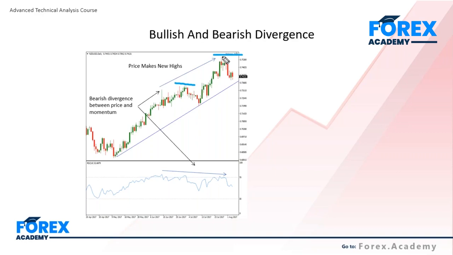However, from roughly this point over here, we can see that the momentum oscillator is beginning to generate lower peaks. Therefore, it is beginning to highlight at least a directional move that is in an opposite direction, i.e. down, to the direction in price. This is known as bearish divergence.